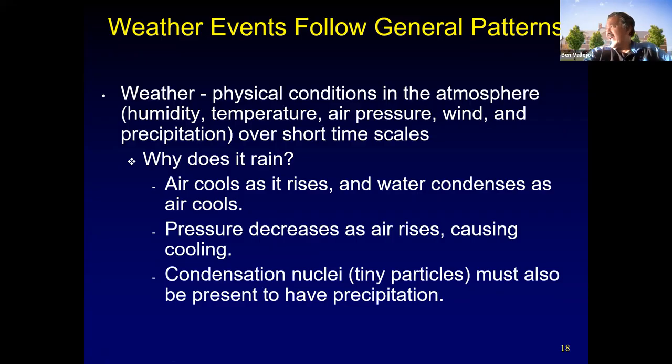And also, you have to have something in the atmosphere. This is the science behind cloud seeding: you've got to have tiny particles that the water molecules can coalesce around, and then as they do that, they'll condense and come down as liquid water or rain.